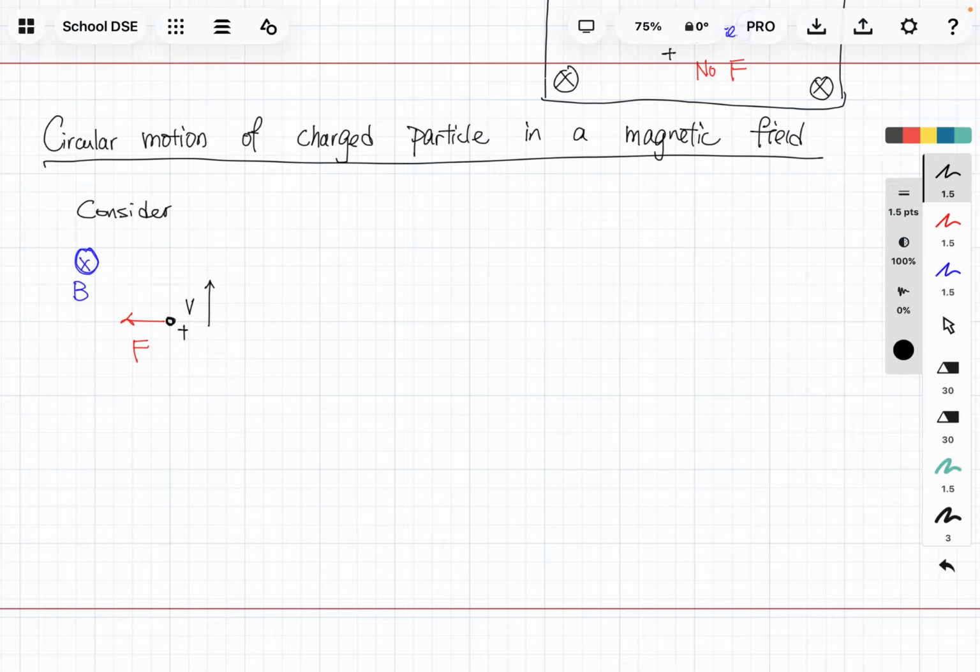Okay, now after this, we talk about the induced EMF and induced current. To talk about induced current, induced EMF, I think I should start from magnetic flux linkage.